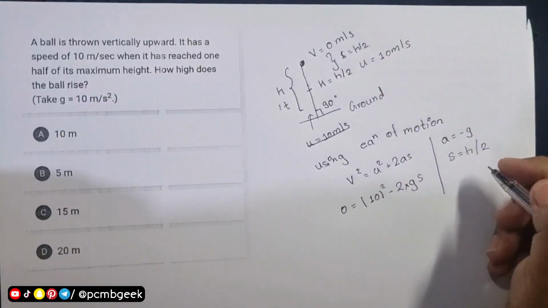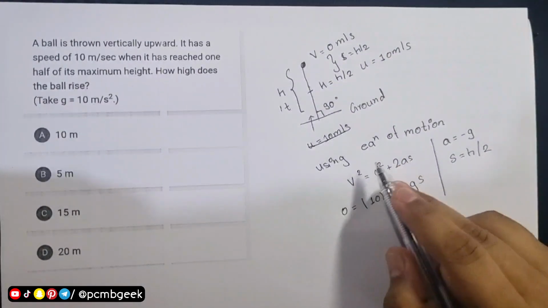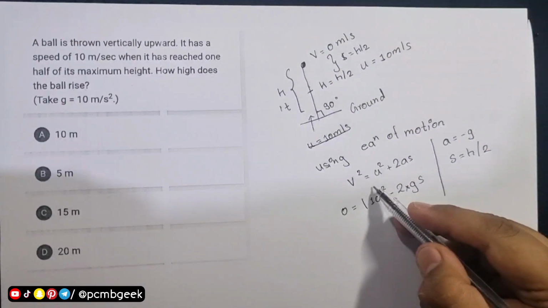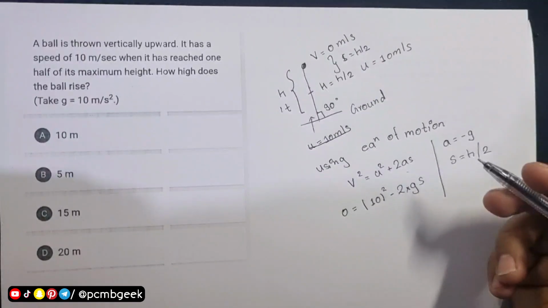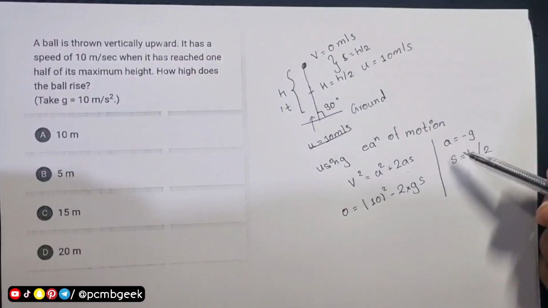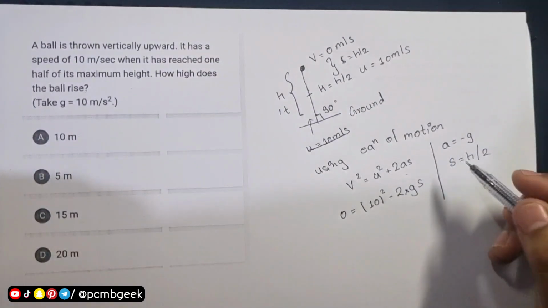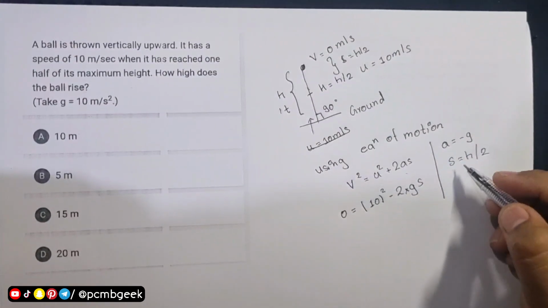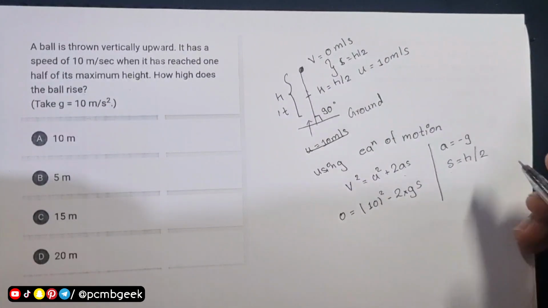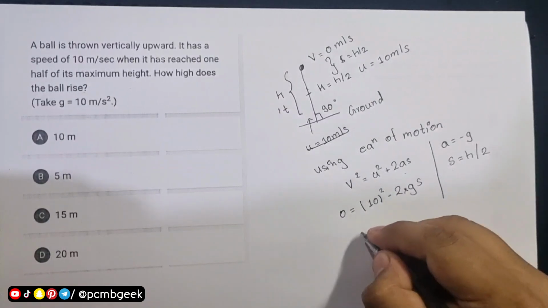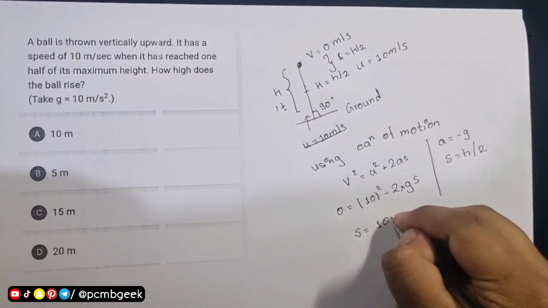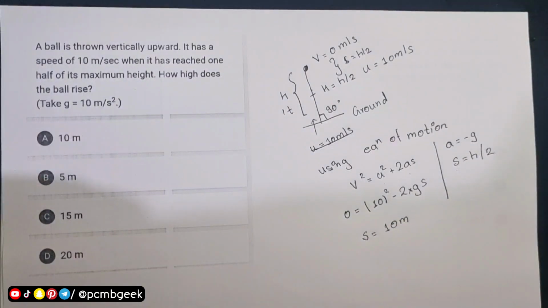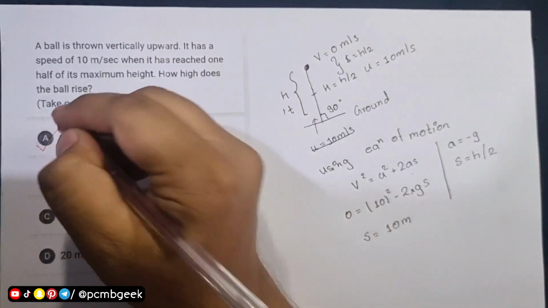Using the equation of motion, v square equals u square plus 2as, as we are going against acceleration due to gravity, our acceleration will be negative of acceleration due to gravity, and our distance will be half of h. Then we get s equals 10 meters. That means the height to which our ball rises will be 10 meters.